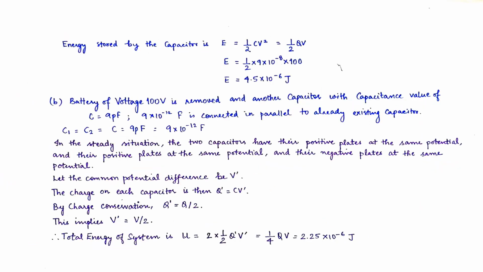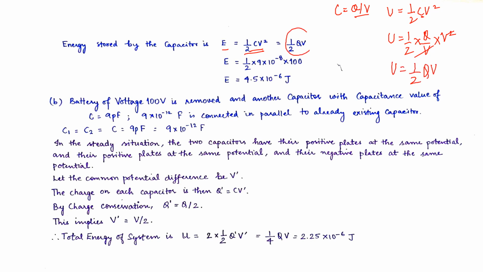Now we will go next. Energy stored is given as E equals to half CV square. C equals to Q upon V. We will introduce it here, half CV square. In place of this C we will write Q upon V. U equals to half into Q upon V into V square. This square and this V will cancel out and U will be half QV.